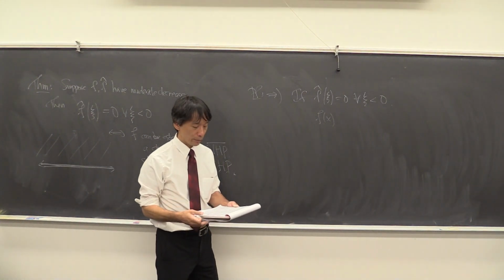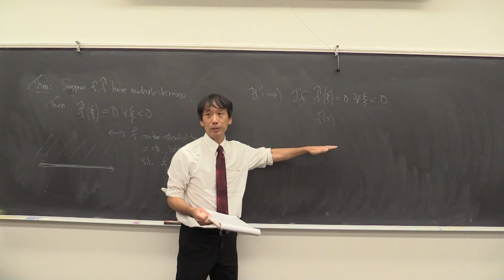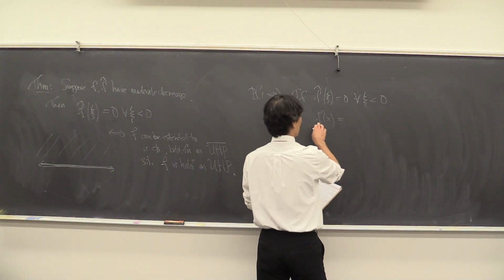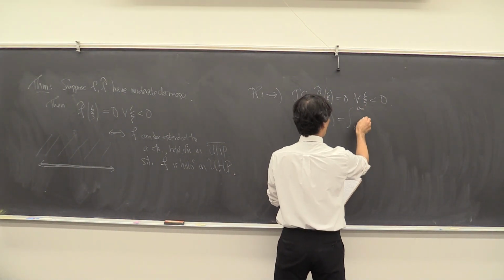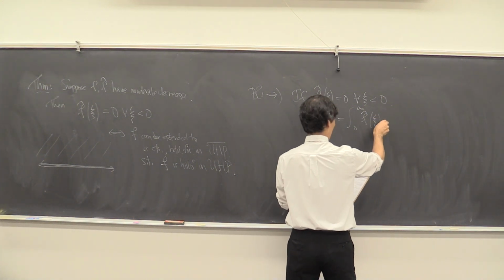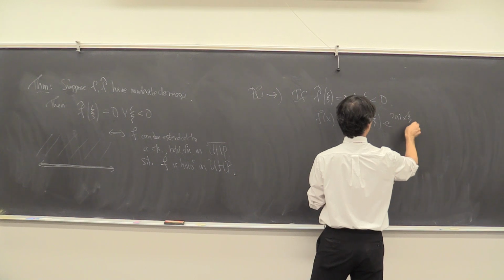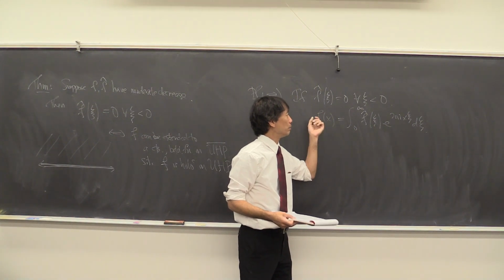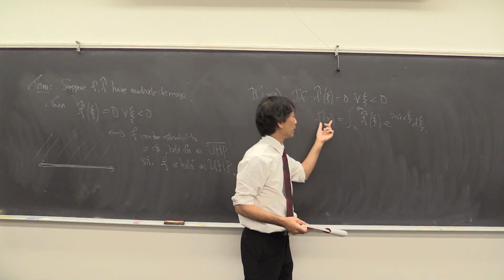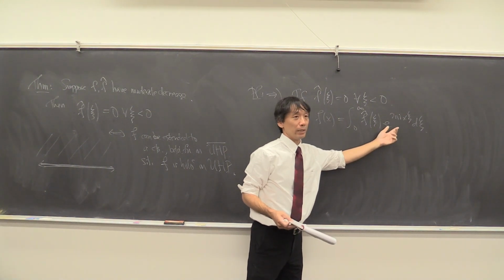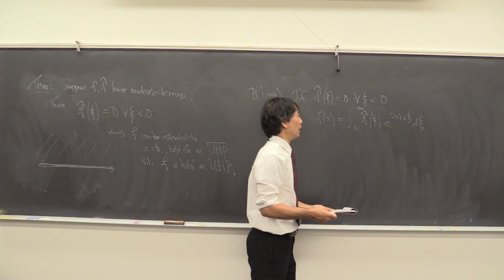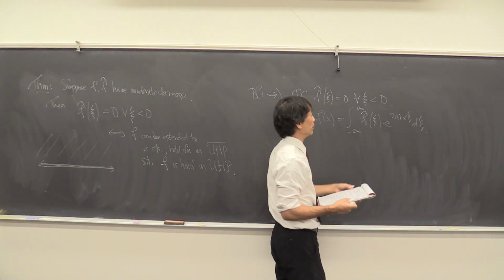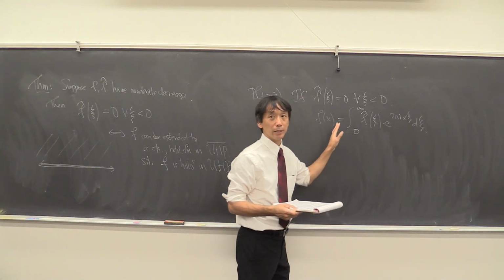You can get f of x as the integral of f hat of c e to the 2 pi i x c dc, because the inversion formula says exactly this: that you can recover the function by taking the inverse Fourier transform of the Fourier transform over the line. But this thing is supported on 0 to infinity, so we can truncate it.